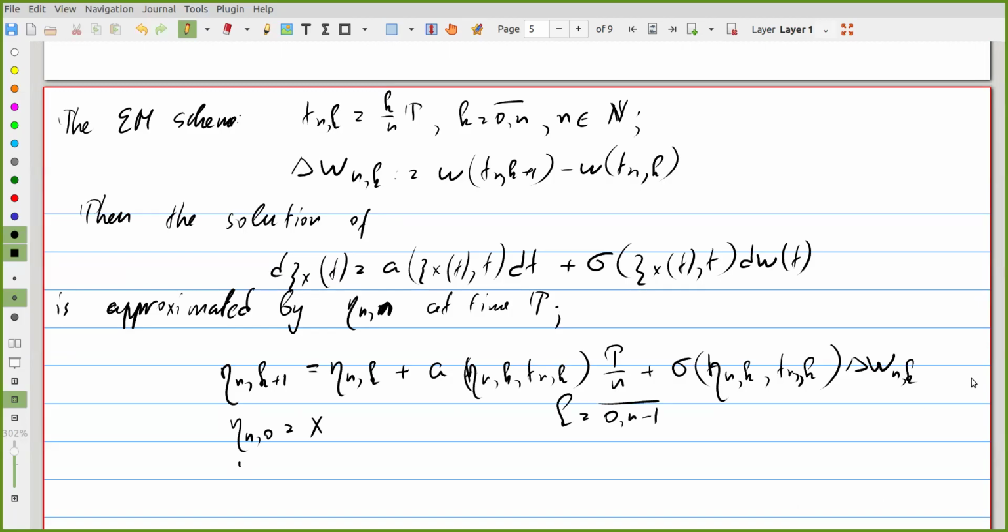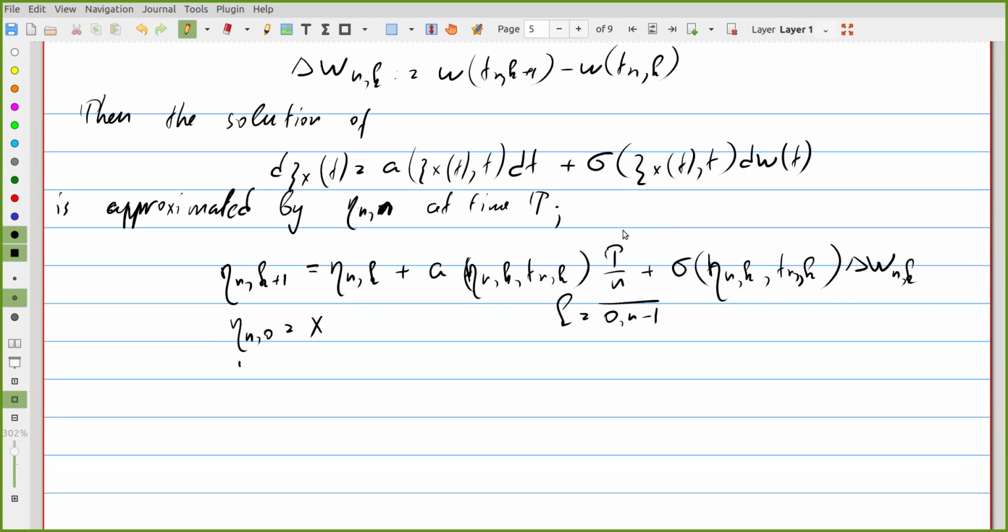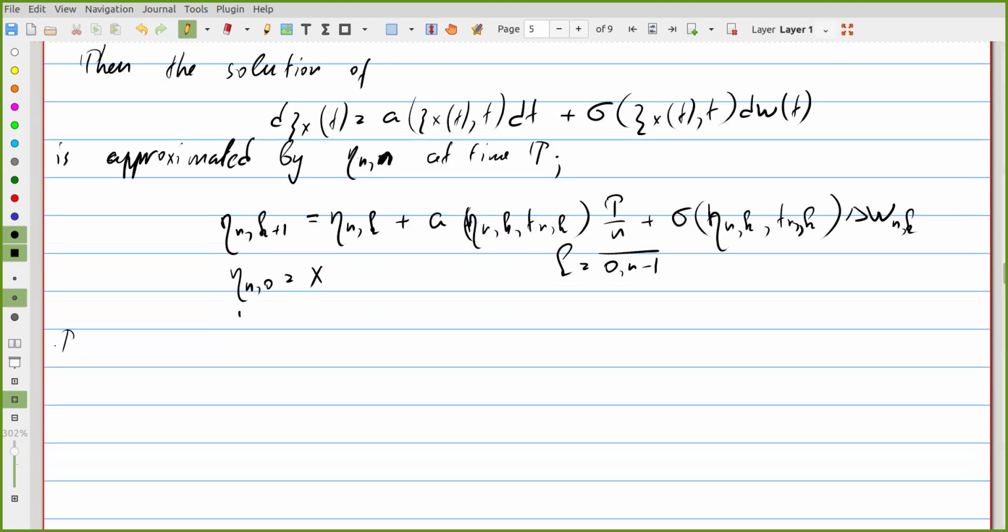The Milstein scheme includes one additional term, which is the iterated stochastic integral. Now, what is the weak approximation? The weak approximation is that for some function f, instead of taking this value, we take this value.